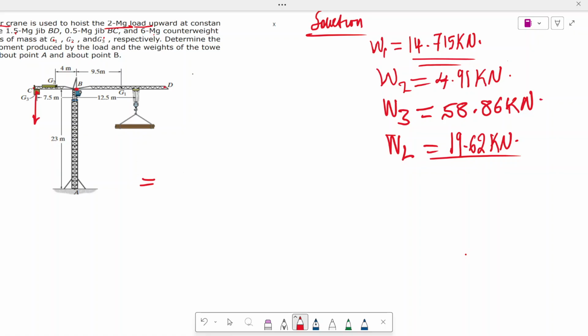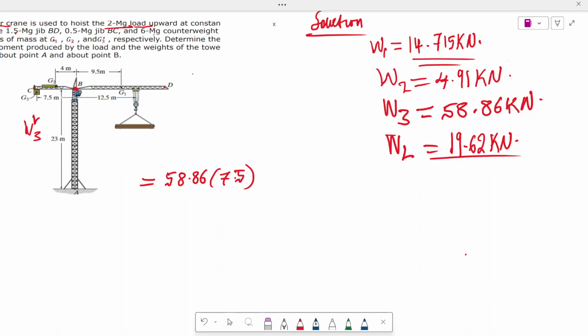Weight 3 here is a product of force times perpendicular distance, so our force is here, then the perpendicular distance from point B is 7.5. So weight 3 is going to be 58.86 times perpendicular distance, which is 7.5.